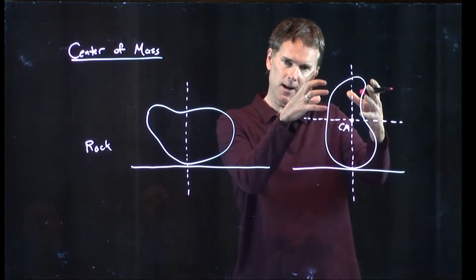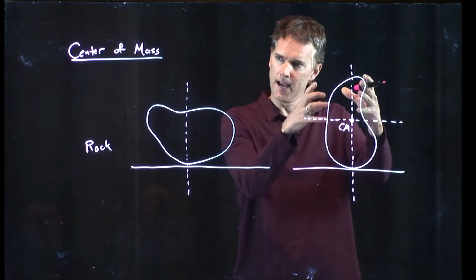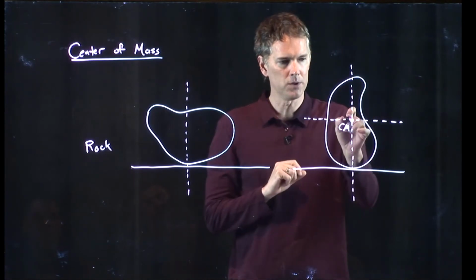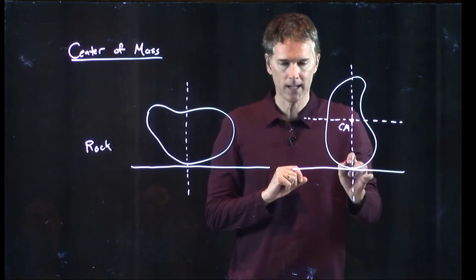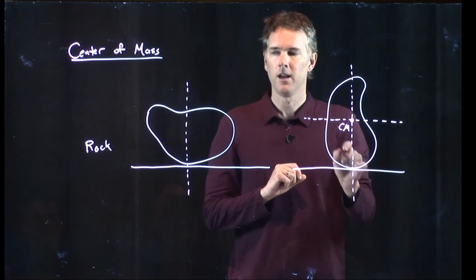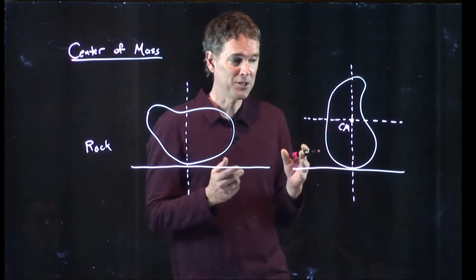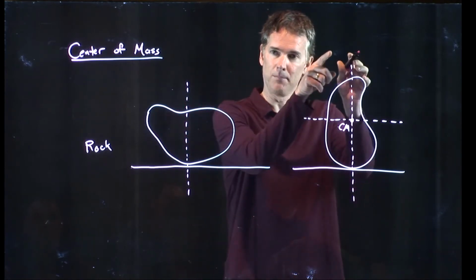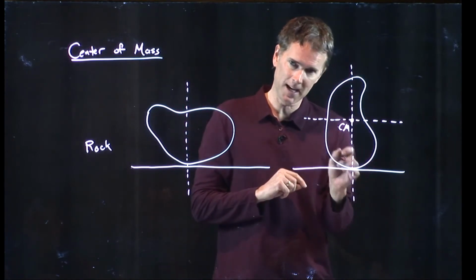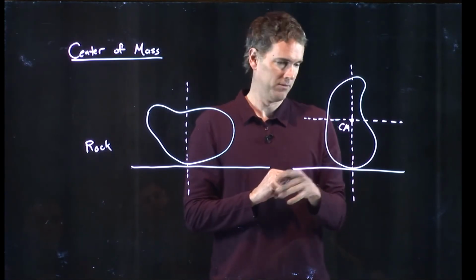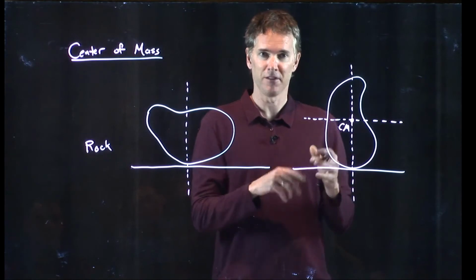And so you stand there and you very carefully hold it and adjust it, tilt it left and right, until you get that center of mass directly above that contact point, and then it will balance. Okay, and it's hard to do, especially if you have a big, complicated object like this and a little tiny point on the bottom. It's tough to get that point just right, but there's people that do it all the time, and they're very skilled at it.